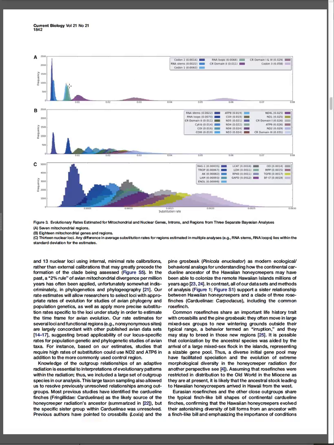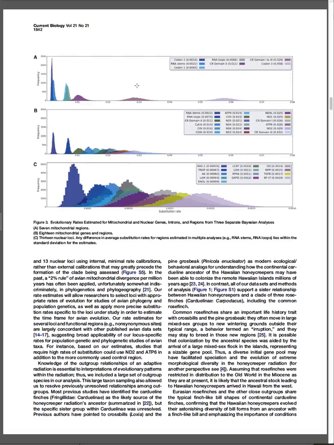So there are 3 different data sets, A, B, and C, and then each of these colored peaks corresponds to a different sequence. So here we have nuclear regions, here we have different genes in the mitochondria, and here we have different types of sites in the mitochondria.